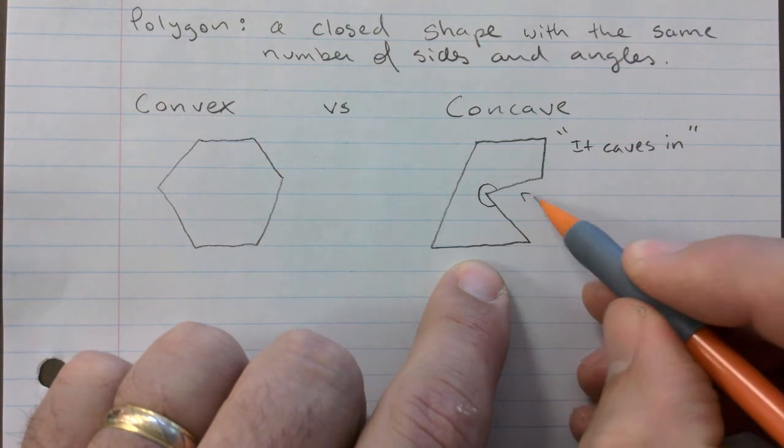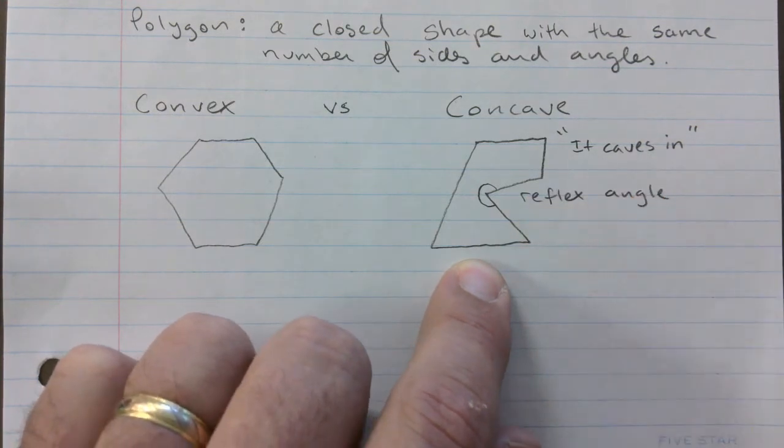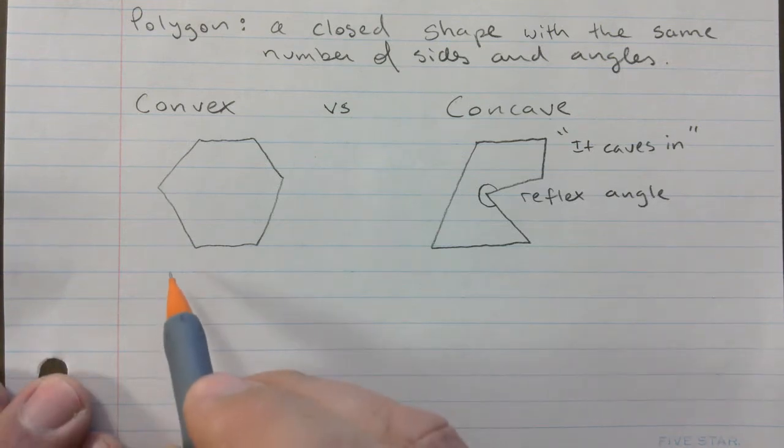And so you have a reflex angle. Reflex angles, right, are bigger than 180. So that's the main difference between concave and convex, right?